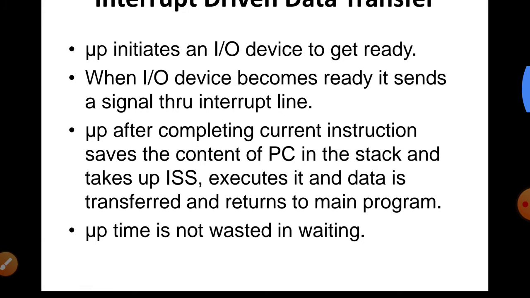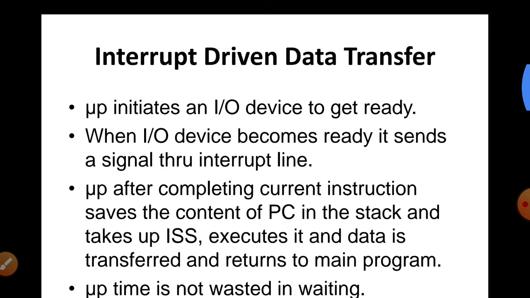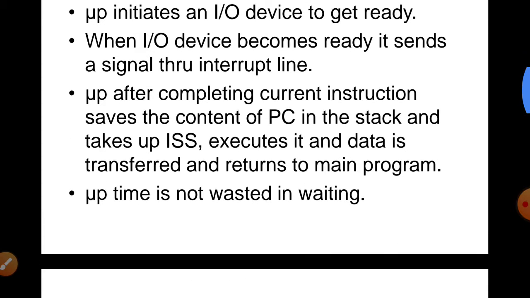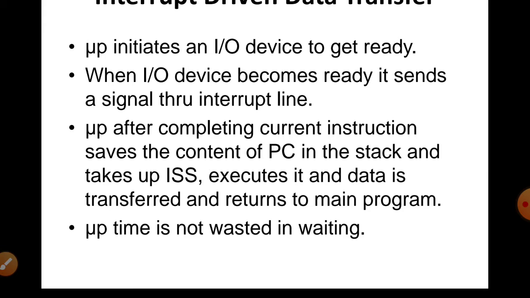But a non-maskable interrupt has to be handled immediately whenever it is received by the processor. It cannot be avoided. Meaning thereby the maskable interrupts can be avoided for a certain time, but non-maskable interrupts cannot be avoided.